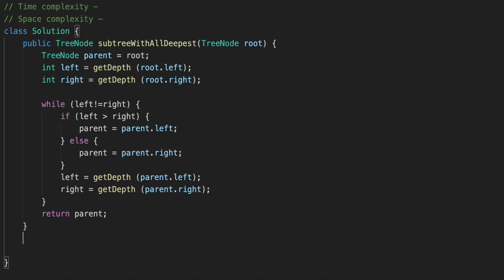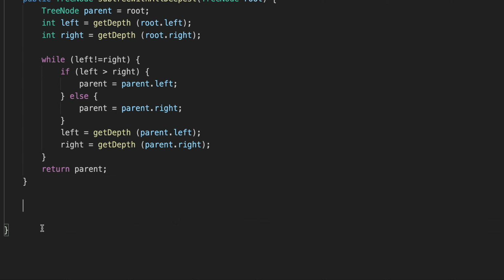Now let's also implement our getDepth function. It's private, returns an int, and takes a tree node. If our node is equal to null, we return 0.